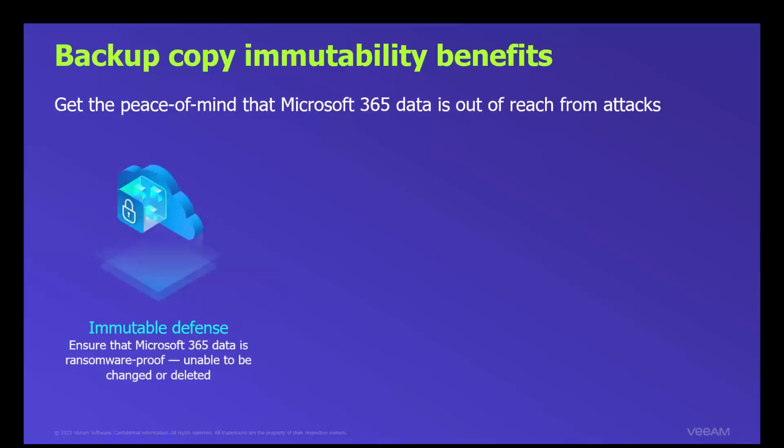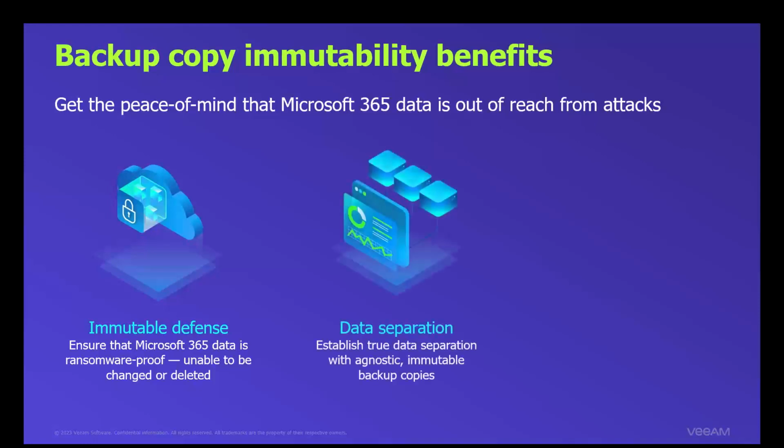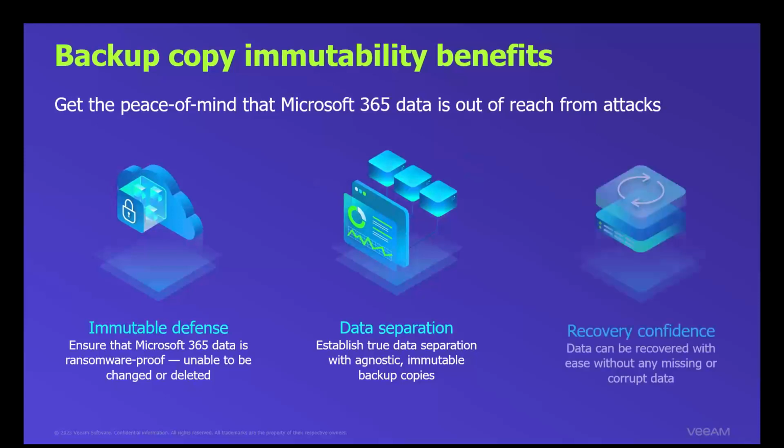So yeah, immutable defense. Ransomware cannot change or delete your backups. There's also data separation involved. So your data is truly separated, and the confidence that recovery is possible and with ease, without missing any data or without recovering corrupt data.